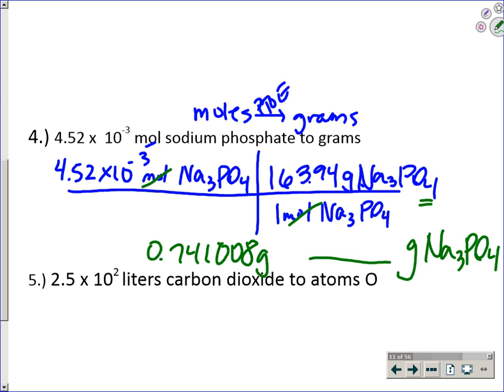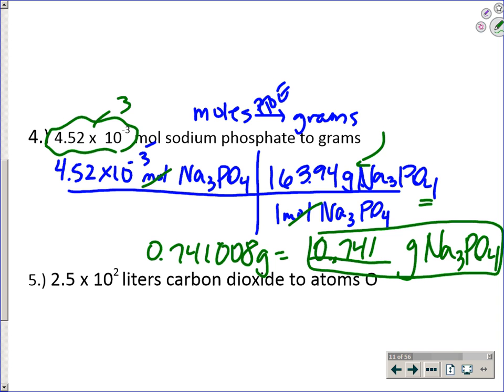And so, how many sig figs should we have? 5. Not 5. So you're going to go with the measurement. The molar mass is important, but that's going to have a lot of sig figs, since we're pulling a lot of decimals off the periodic table. But this is our measurement. How many sig figs are here? 3. And so therefore this would be rounded, like you said, to what? Is this right? Okay, I like to get a double check on everything. I did not calculate with you guys. So 0.741 grams of sodium phosphate.